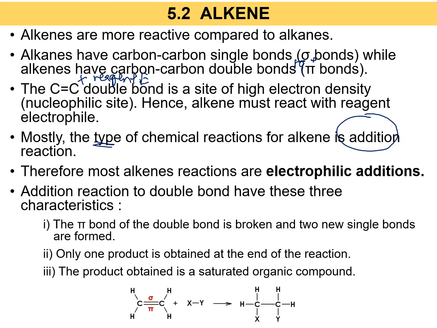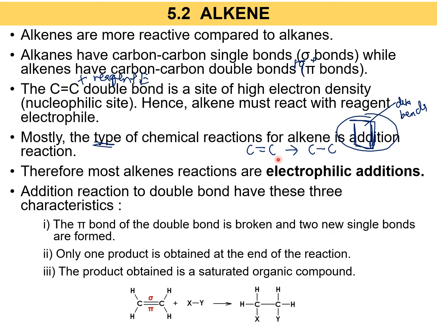And as I told you in 4.1, the clue for addition reaction is that you will add two things. So when you add two things, from a carbon double bond, you will get a carbon single bond, because you add two things to each of these carbon atoms.